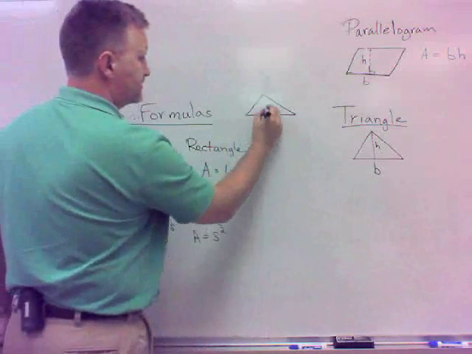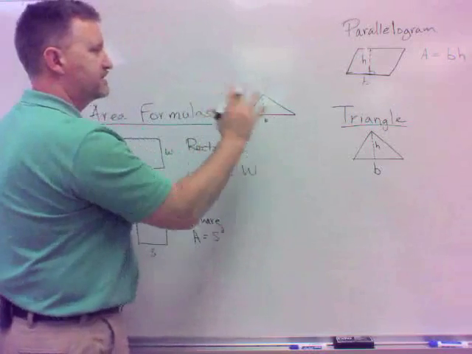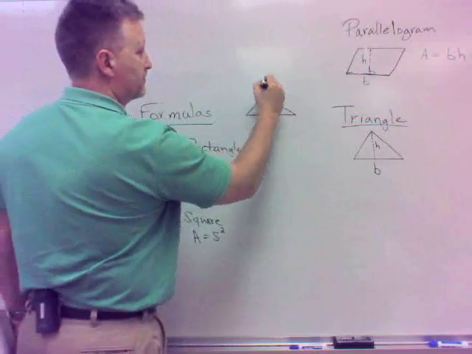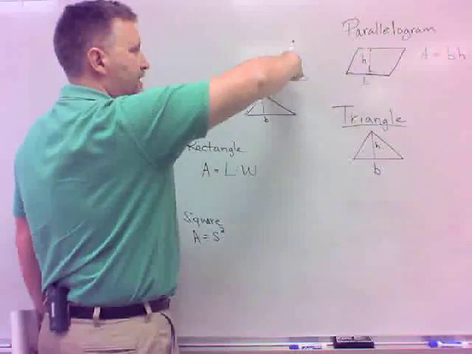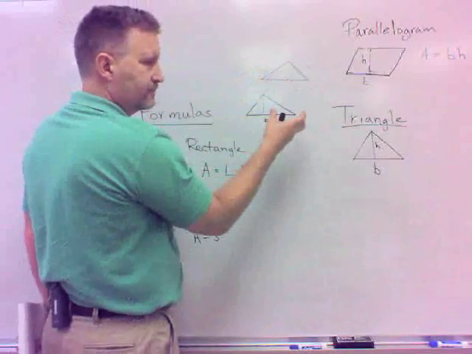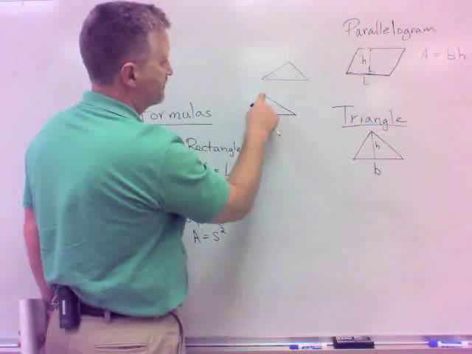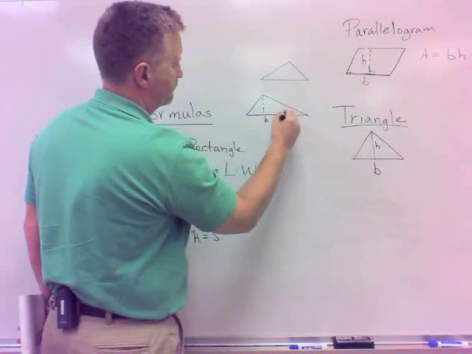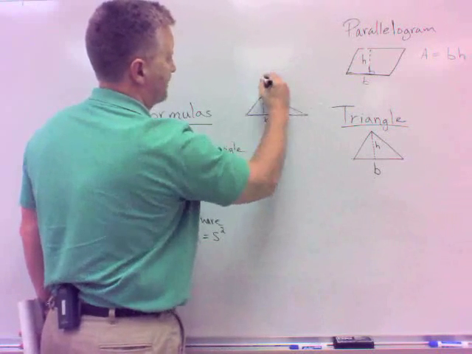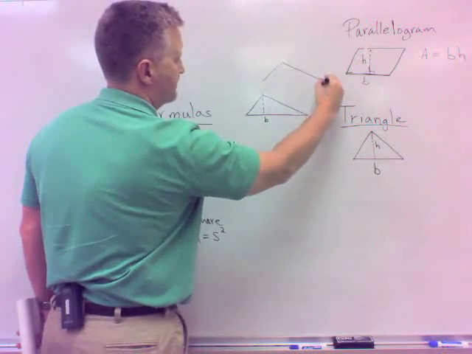What I'm going to do is get a second triangle, exactly the same, and let me twist it around here. Let me make it even more pronounced. Okay, so I'll make a second triangle, same exact shape.